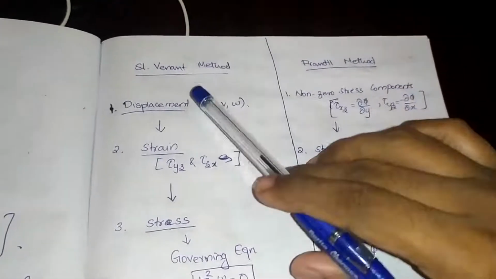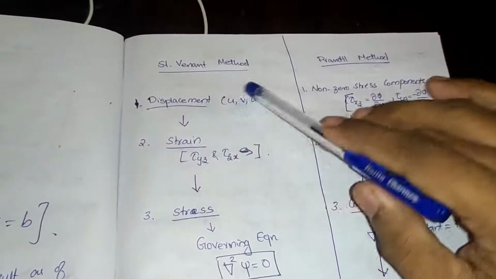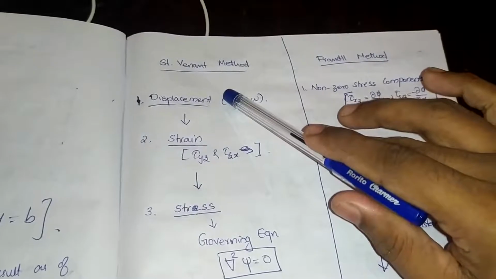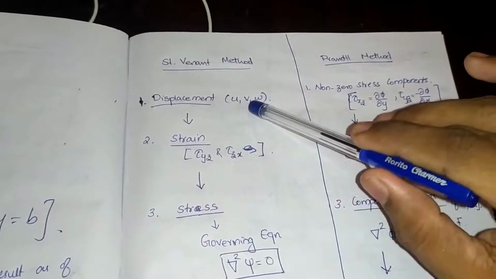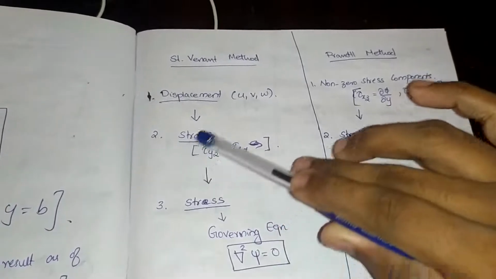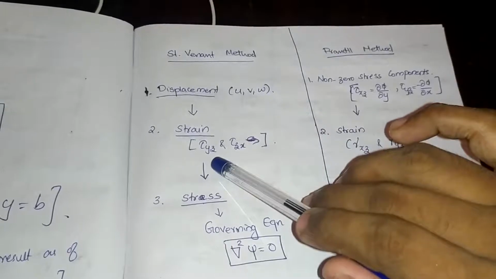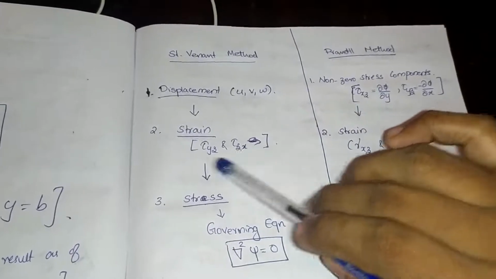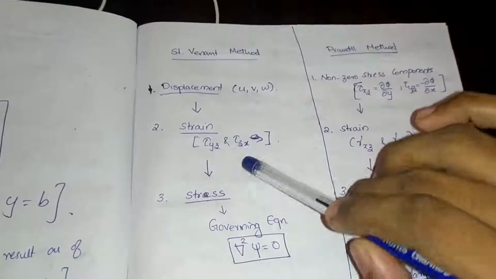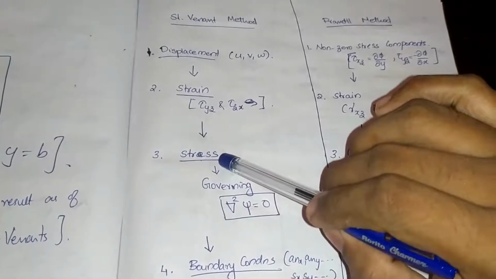diagram. In Saint-Venant's method we first find the displacements, that means u, v, w, and substitute these values in the strain equations, and in those you will have only two values, tau yz and tau zx, and you substitute that to find the stress.